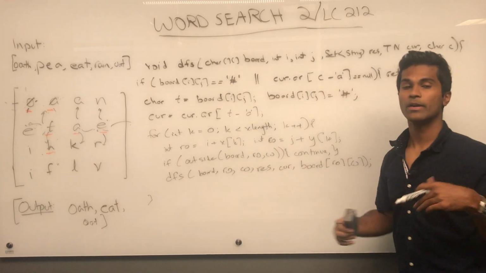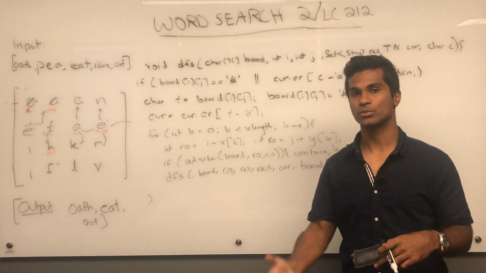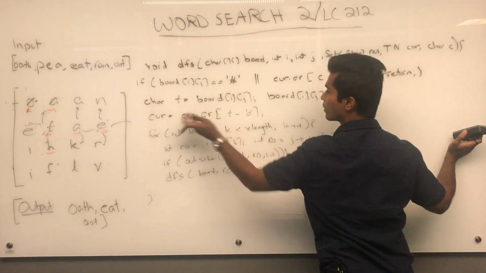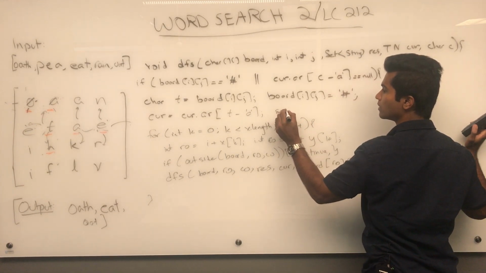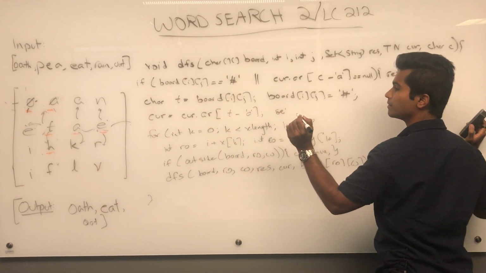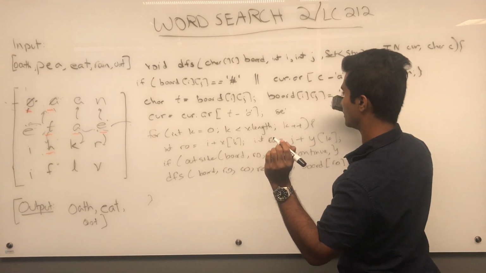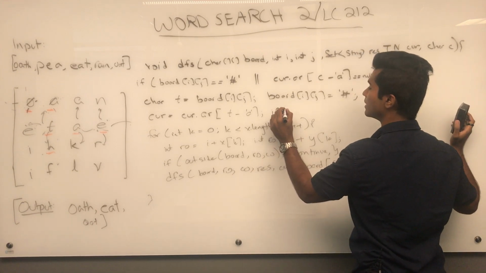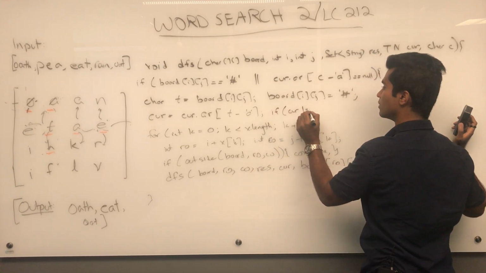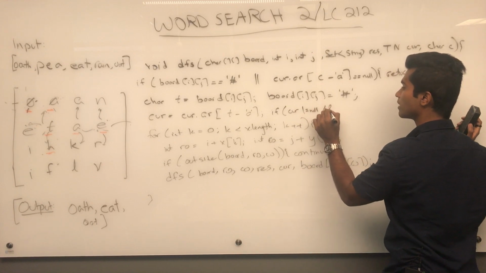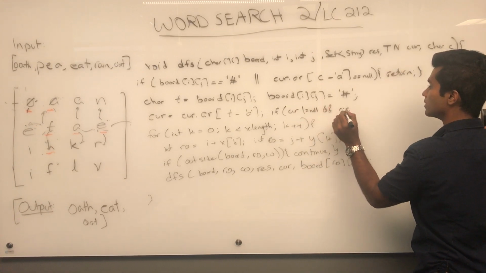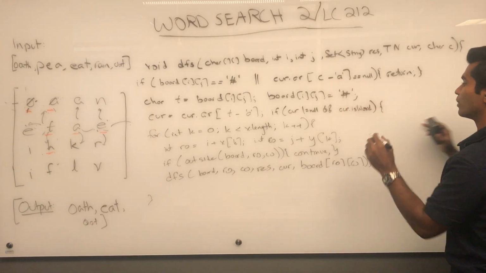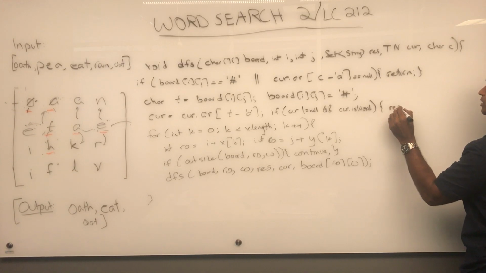Now you might be going, wait a minute, how are we keeping track of the letters we've already found? Well, remember that once we pass the control over to cur, all we have to do is, if cur is not null and cur dot is word is true, then all we have to do is add it to the result.